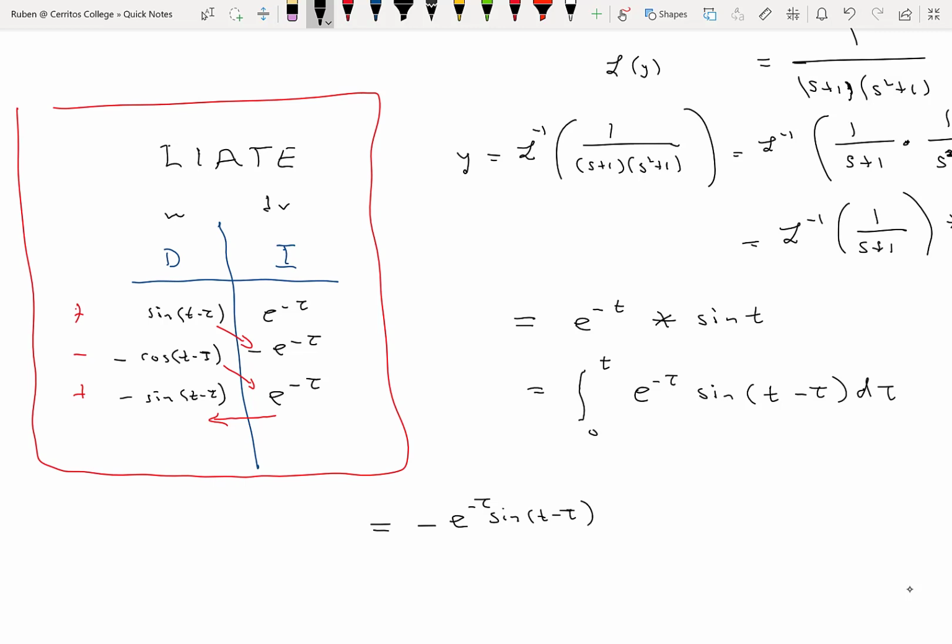Then we jump down one diagonal, red minus, black minus from the cosine, times e to the minus tau, so plus, net result, e to the minus tau cosine t minus tau.